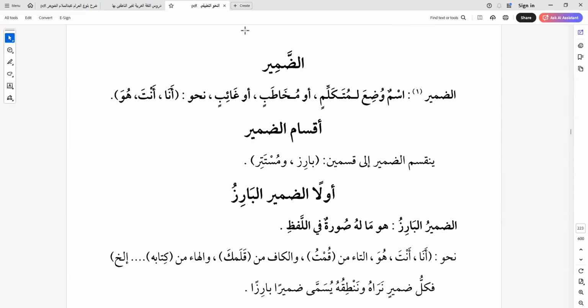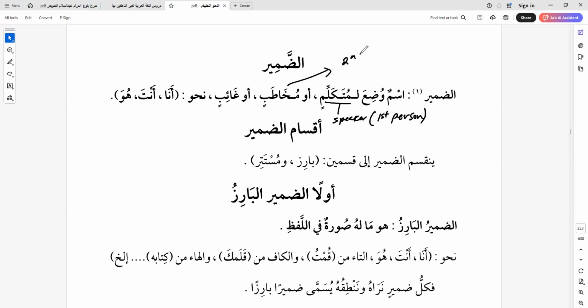So let's look at ضمير. What is a ضمير? اسم وضع للمتكلم. It's a name that has been put in place for the speaker. And al-mutakallim in English, we say the first person, right? Wal-muqatabu.